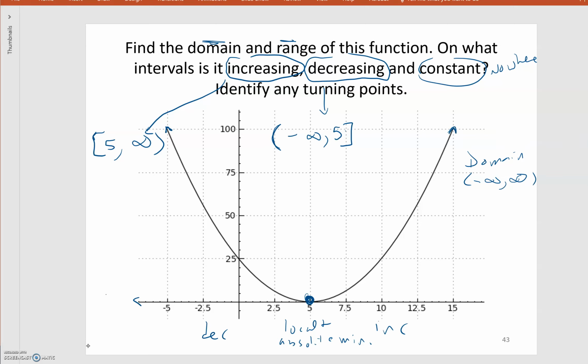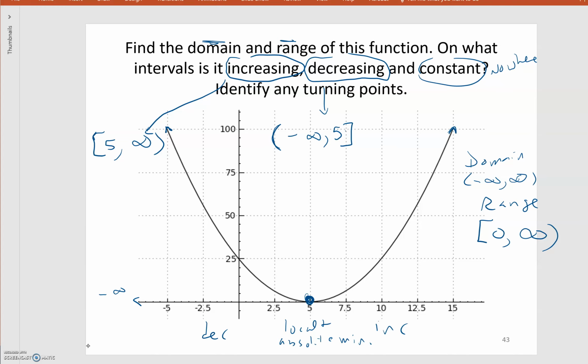As you go to negative infinity, you will always have an input that gives you an output. And as we go to positive infinity, I can put in any large number and I can get an output. Therefore, my domain will be all real numbers. My range is somewhat limited. It begins at 0 and then goes up from there. I'm just getting this purely by inspection of the picture.